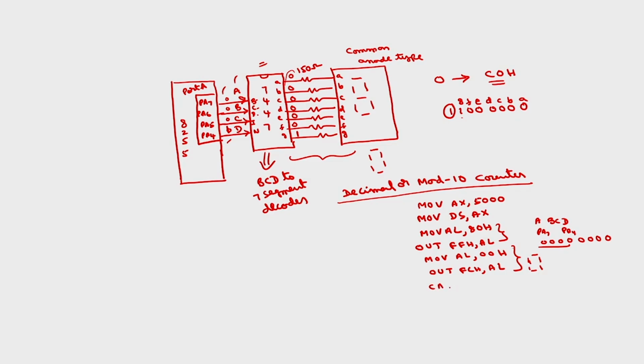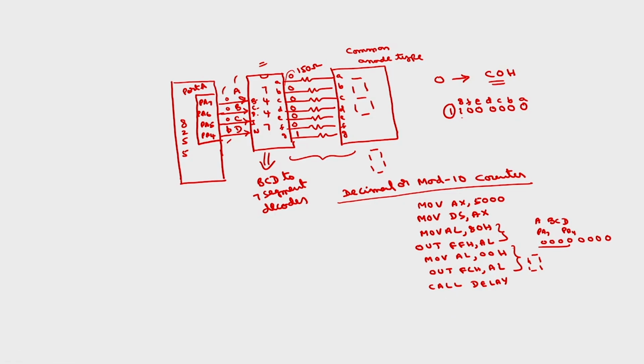Then you call a delay of any time that is required by the application. Then I have to increment this, from 0 0 to 0 1. So for that you set the carry. This will be more convenient if I use the lower order 4 bits instead of the higher order 4 bits.